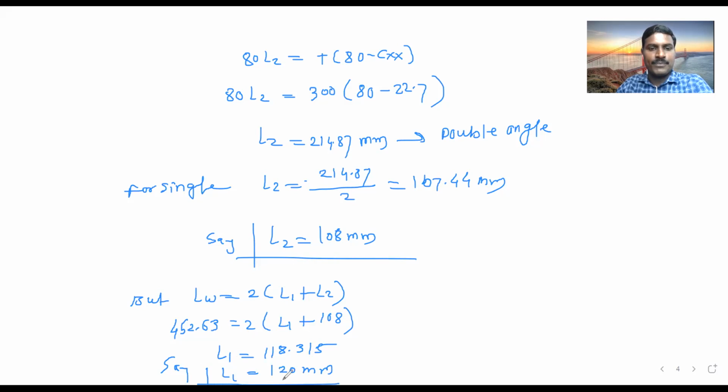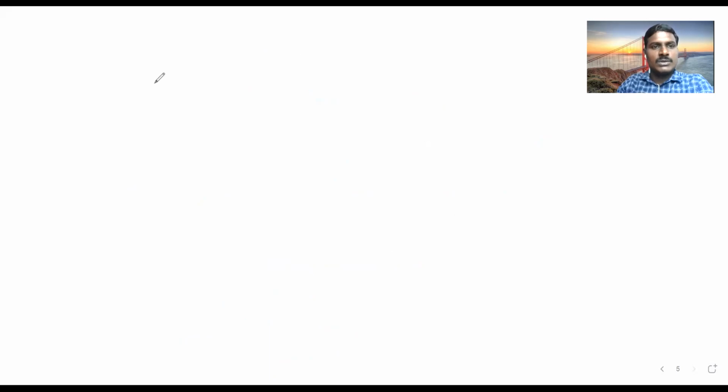So this is for a single angle. It means total LW is equal to 2 into L1 plus L2. 2 into L1, how much did we take, 120, and L2 we took 108.